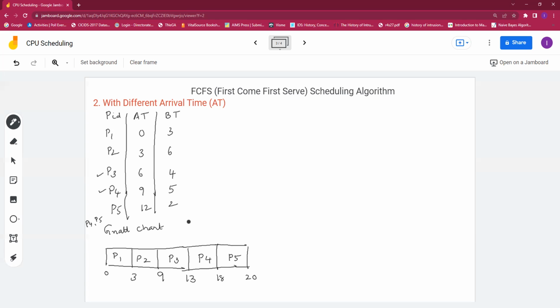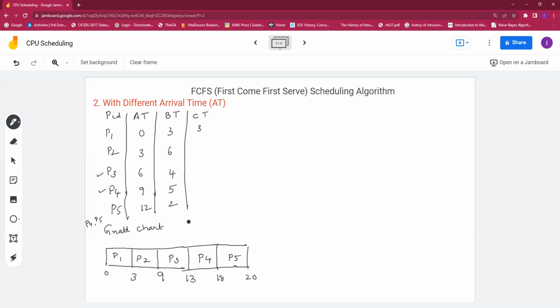Once the Gantt chart is ready, the next thing you need to find is the completion time of each and every process. You can find the completion time from the Gantt chart itself. The first process gets completed at the 3rd millisecond, so that is 3.